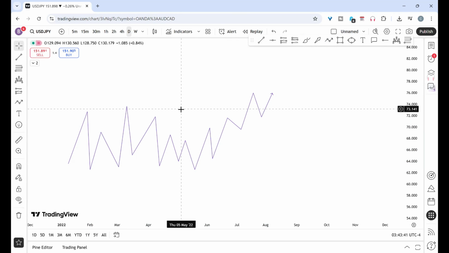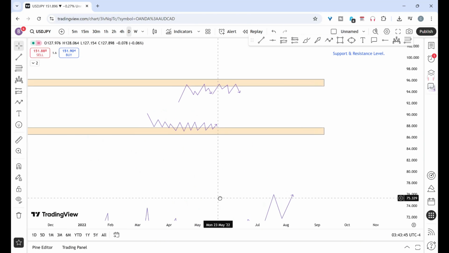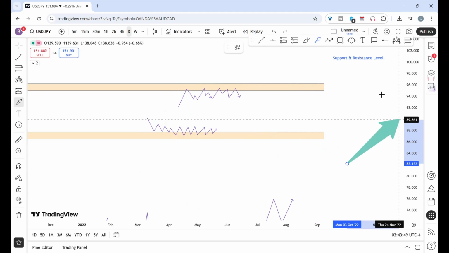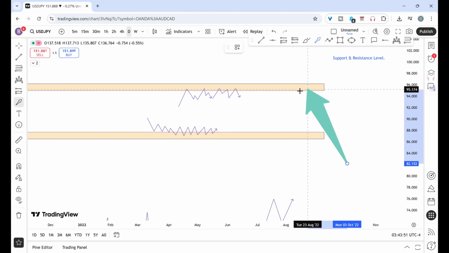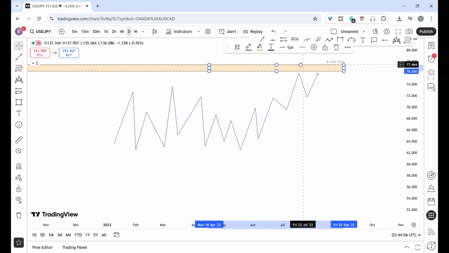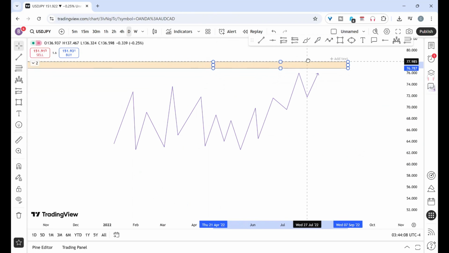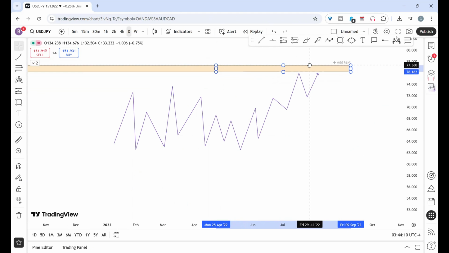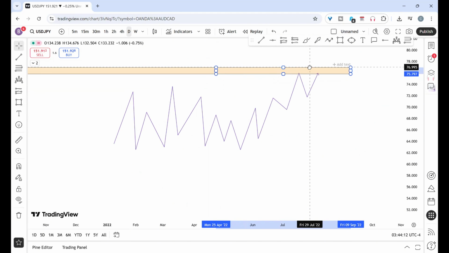So this one is a market structure, and we need to find a valid support level and a valid resistance level, which is the floor, and this one is the ceiling. We have either the support or the resistance; we can't figure it out yet. So let's go from top to bottom.